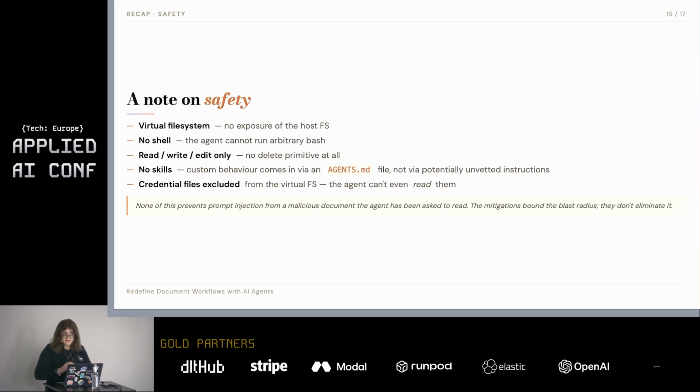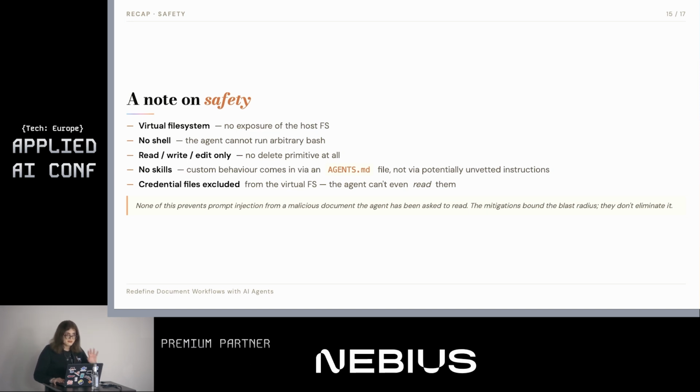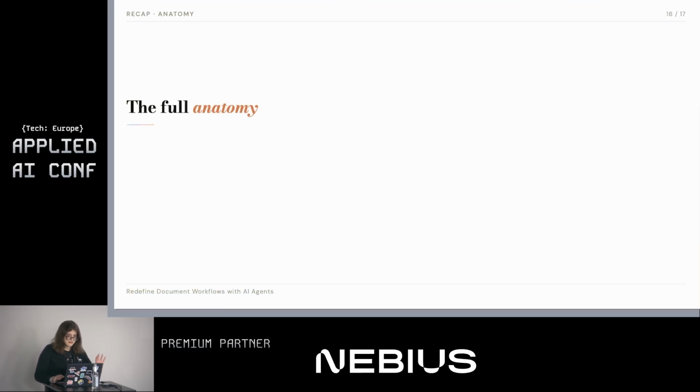They are potentially unvetted. There might be prompt injections or other safety concerns. So that's something you have to keep in mind when you use skills. That's why agents.md and credentials files are excluded, as I said. Obviously, this doesn't mean the agent is 100% secure, but most of the things that the agent can do wrong are taken care of.